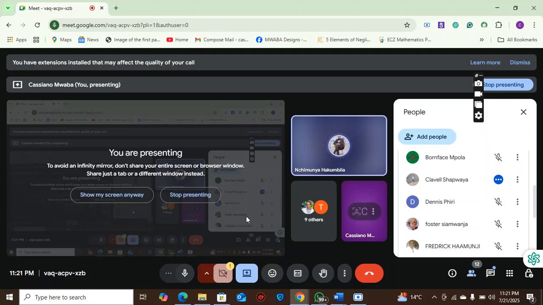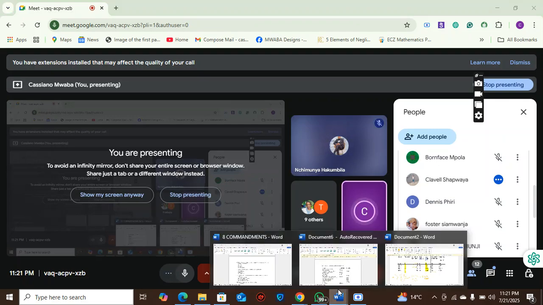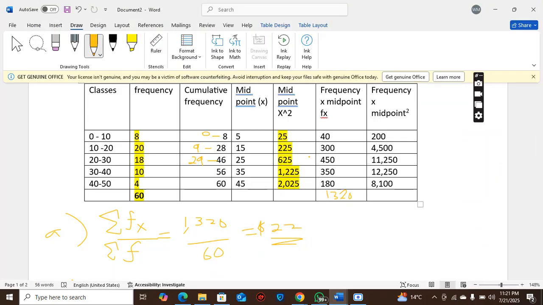But here it has worked. This is how you are reading the cumulative frequency column. 0 to 8, 9 to 28, 29 to 46, and so on. So we've located our median class, this one, 20 to 30.